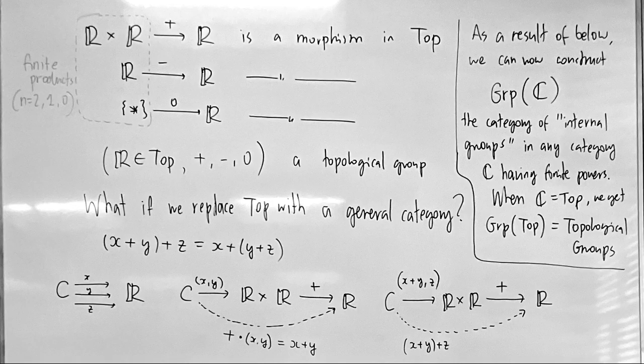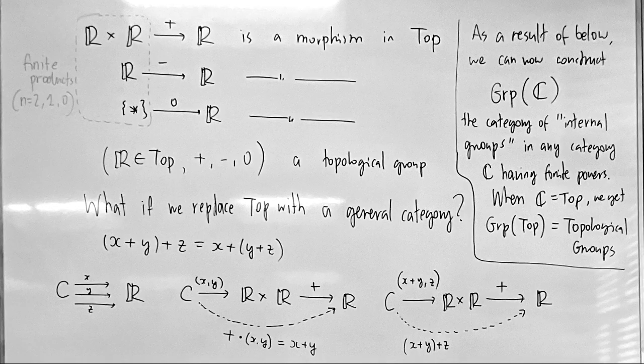So we can view a topological group as an object in the category of topological spaces that is equipped with 3 morphisms plus minus 0 that satisfy some axioms, namely group axioms. And then we get a topological group.